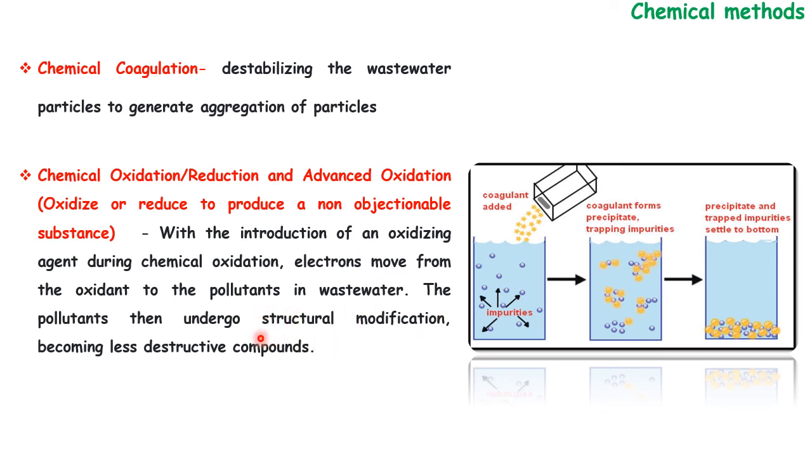That pollutant will undergo structural modification, and instead of being very harmful, it will be made less harmful. With the help of chemicals released into the water, they will react with that substance and produce less harmful compounds. So this is how chemical methods work.